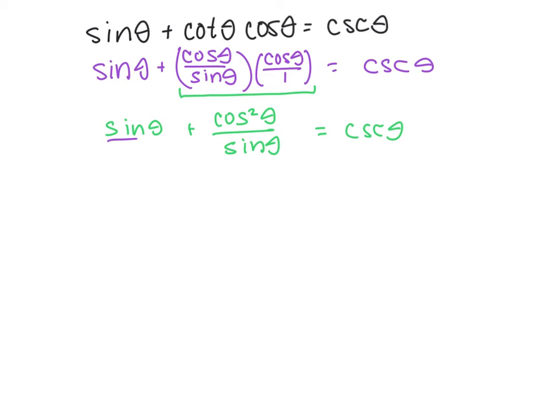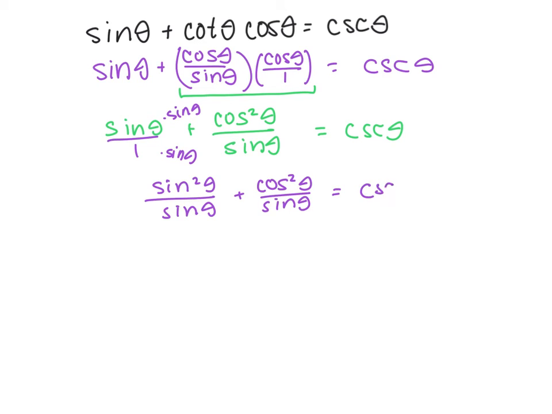Well, to add fractions, that means you need a common denominator. So in this case, our common denominator will be sine. So we need to multiply this first fraction by sine over sine. So this turns into sine squared theta over sine of theta plus cosine squared theta over sine of theta.